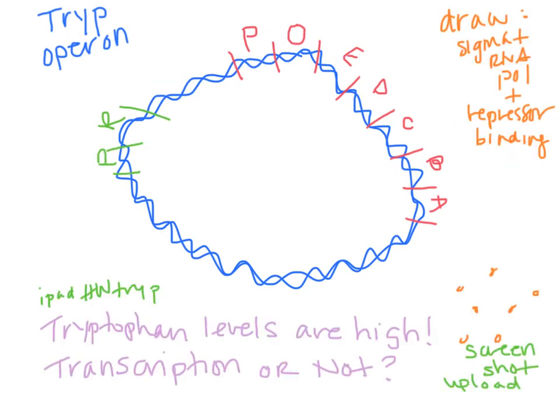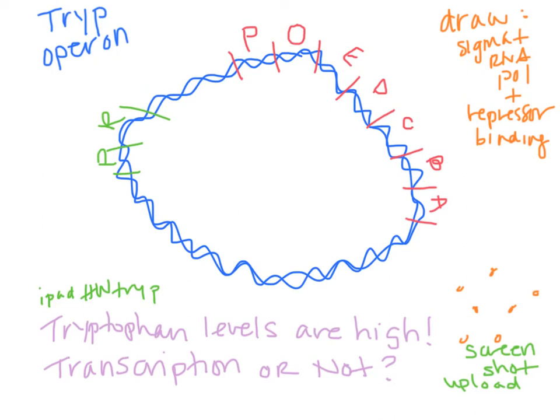Okay, now it's your turn. I need you to draw sigma and RNA polymerase, where it binds, if it binds any place on this, and the repressor protein and where it binds, if it binds any place in this.